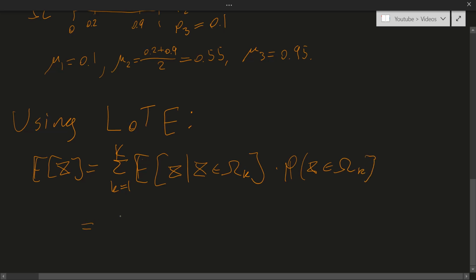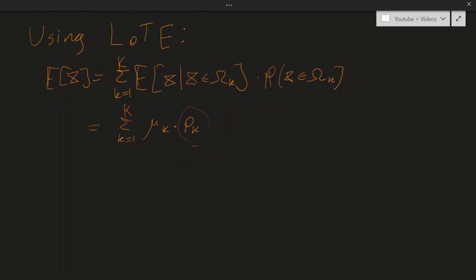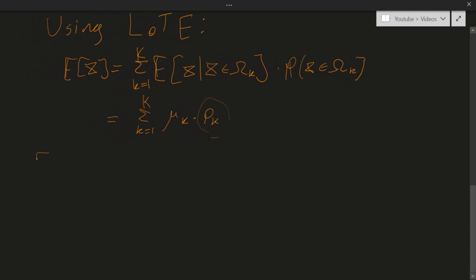But this is simply equal to the sum from k equals 1 up to K of mu_k multiplied by p_k, where these were known. So we can build an estimate of the mean of x by somehow building an estimate of this. And just for fun, let's continue the example.